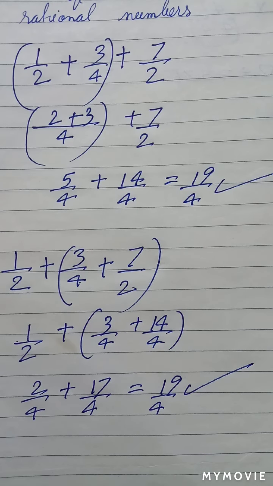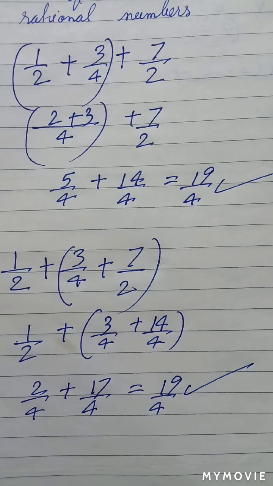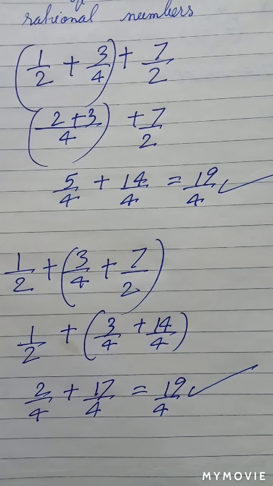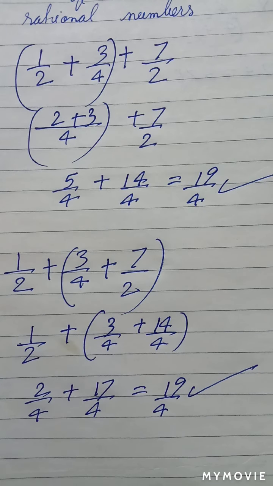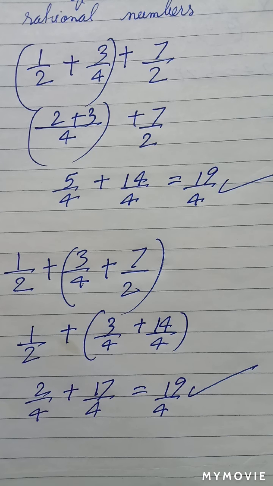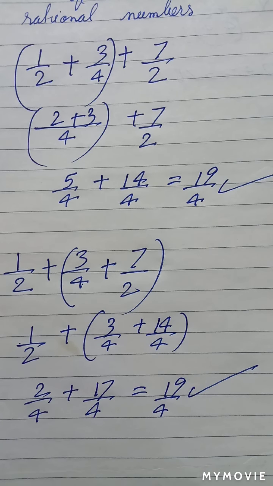Now this property is known as the associative property of rational numbers, and we just verified that in case of addition, rational numbers obey the property of associativity. That is, if there are more than two rational numbers, you can add them in any order. The result is always going to be the same.